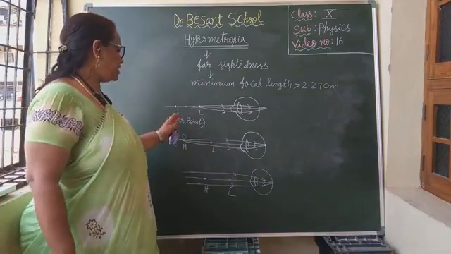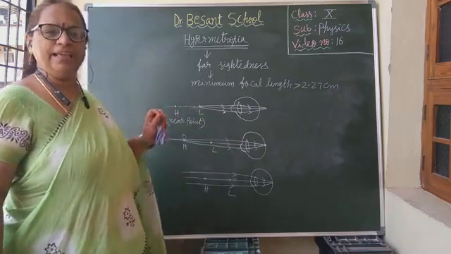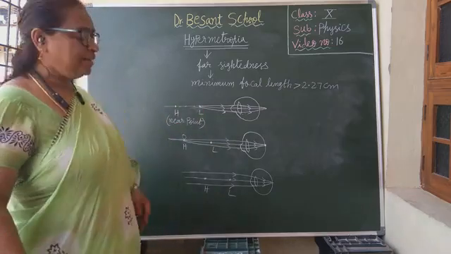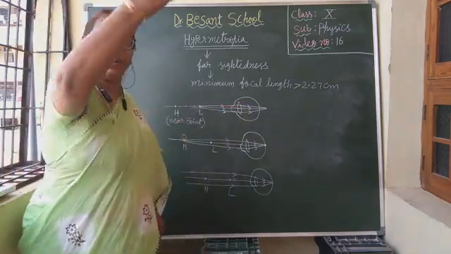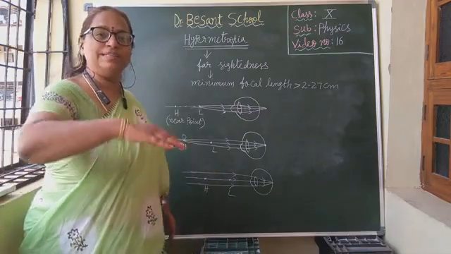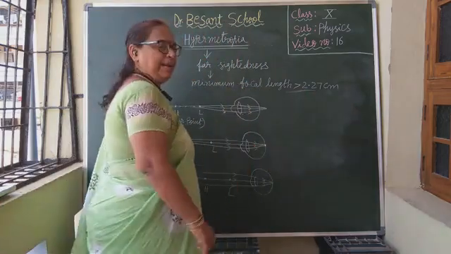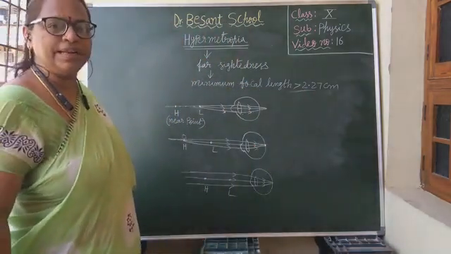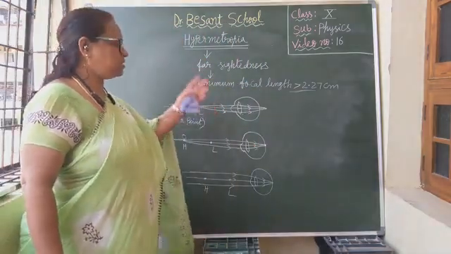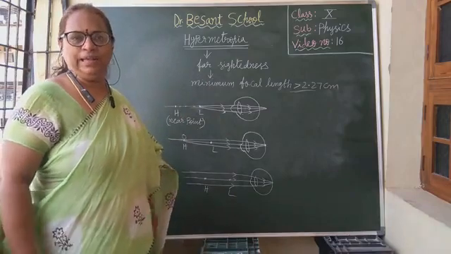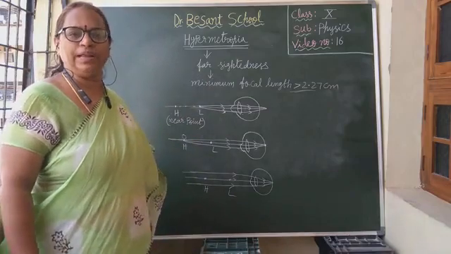Whereas if the object is in between H and L, at any position, the image is forming beyond the retina. All the rays are converging beyond the retina because the minimum focal length is greater than 2.27 centimeters. So the person cannot see the object clearly.